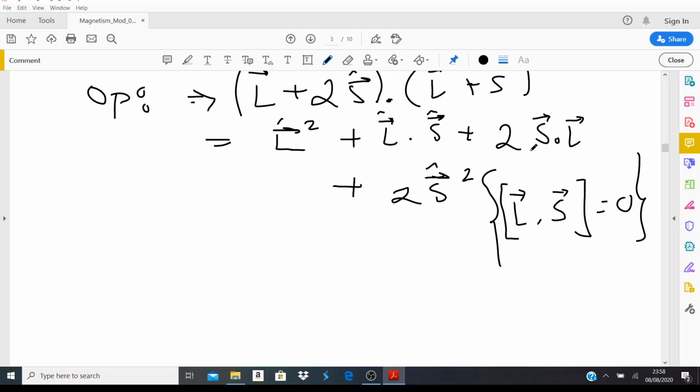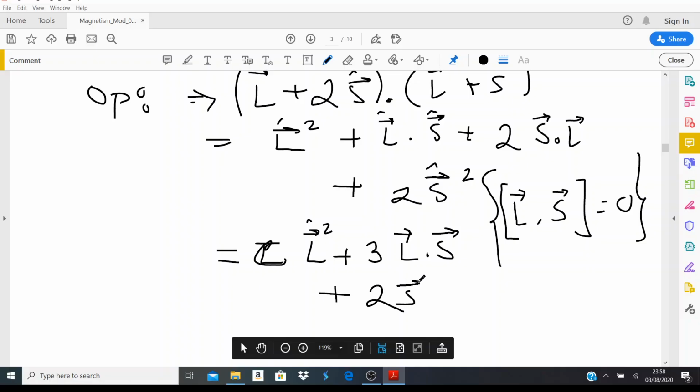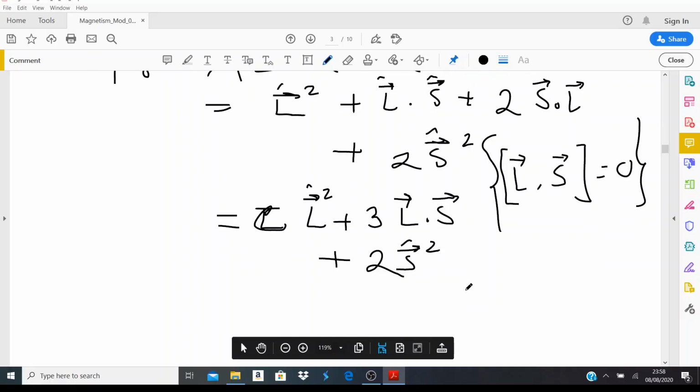So S dot L is the same as L dot S, and then you can add them. So it's like 3 L dot S. So on the right hand side we have L square plus 3 L dot S, because the order doesn't matter since they commute with each other, plus 2 S square. That's the expression for this operator.